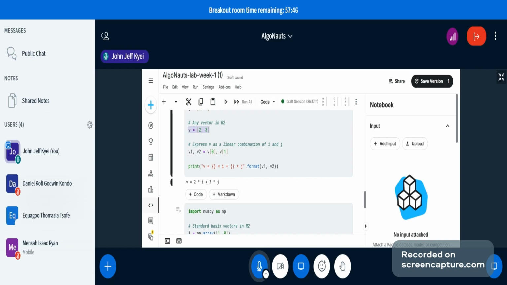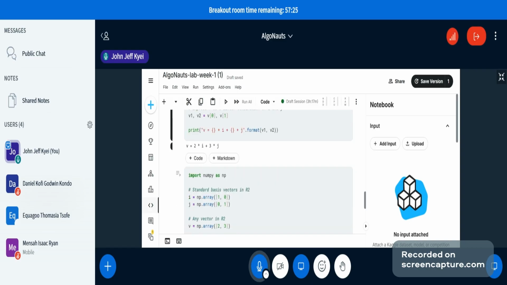X and Y. So if you have a vector that's 2, 3, it just means that we are moving 2 units in the i direction and 3 units in the j direction.